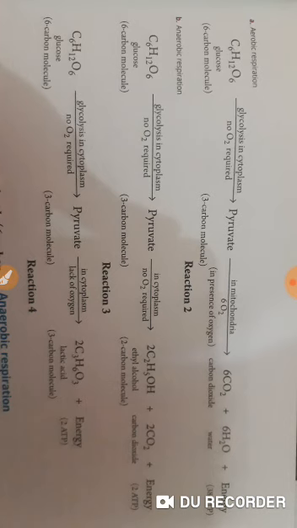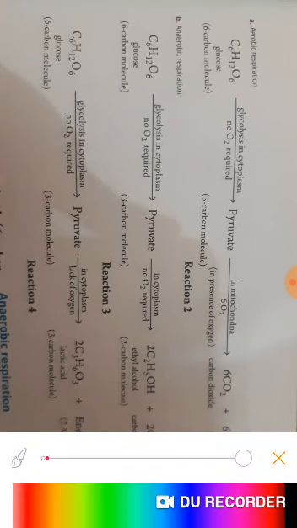Now let me teach you by this. See what happens. Let's compare aerobic respiration and anaerobic respiration. In aerobic respiration, a 6-carbon molecule is there, glucose C6H12O6, and that is in anaerobic respiration as well. But what happens to this glucose in the presence of oxygen?